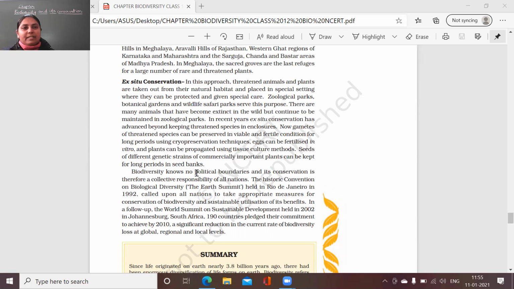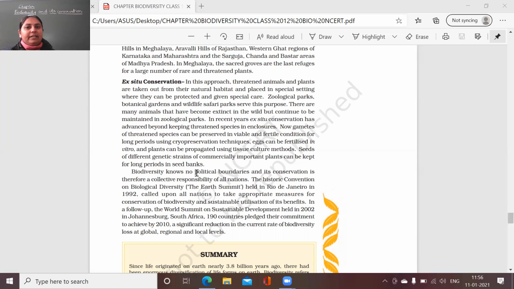So here the humans are not allowed to enter. They only watch the animals. They can only see the plant species but cannot do any harm to these species. As these animals and plants are facing the threat of extinction, they are under human supervision. Their caring is done by the humans.